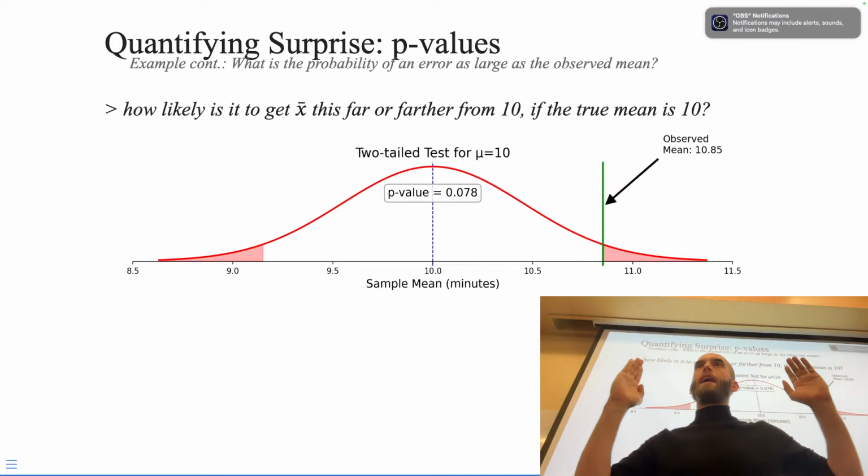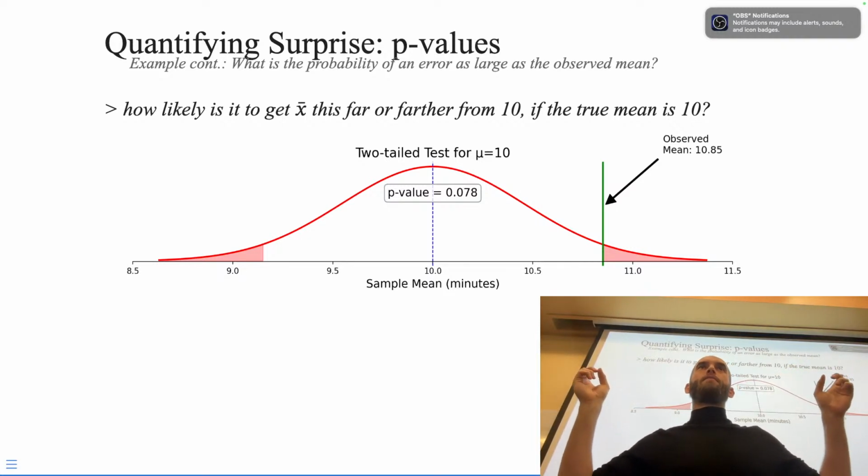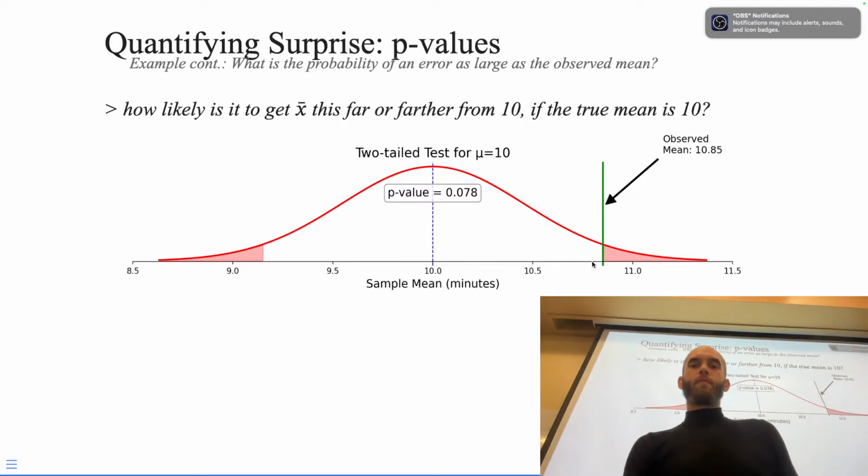We're going to look at everything under the tails in both directions. So we calculate the difference between 10 and 10.85, and then look that far in the other direction. And then we find the area under the tails.